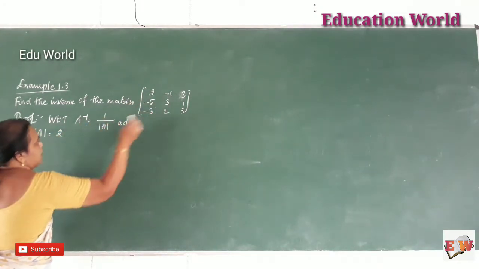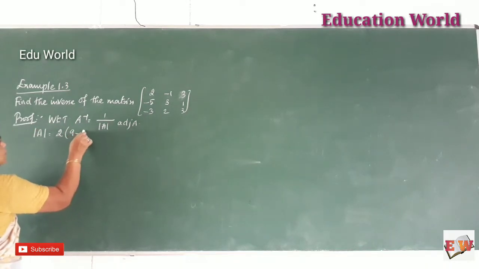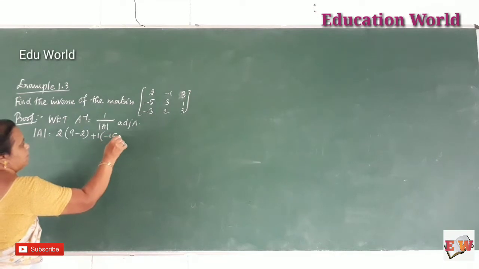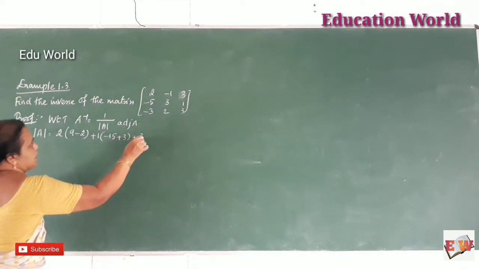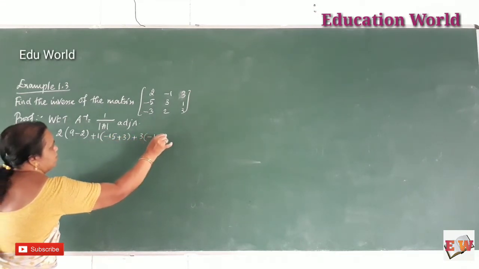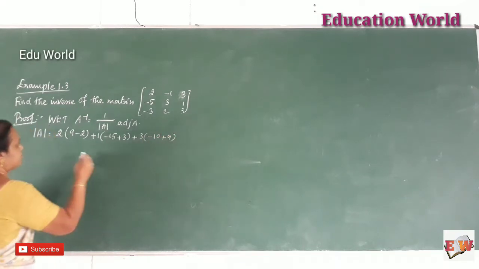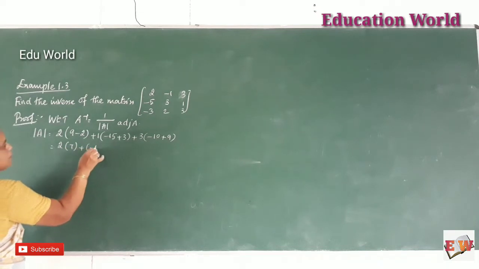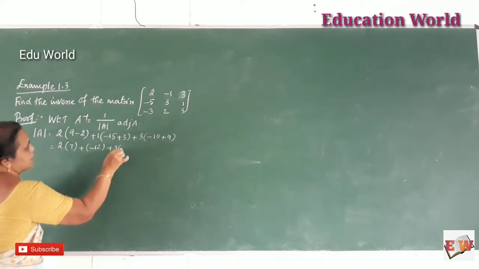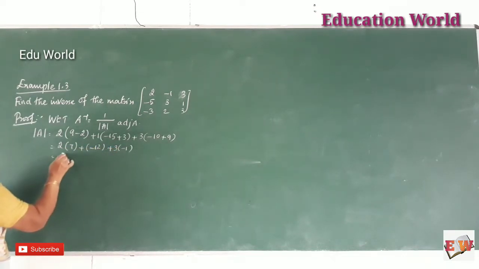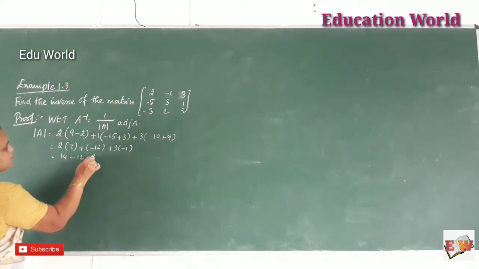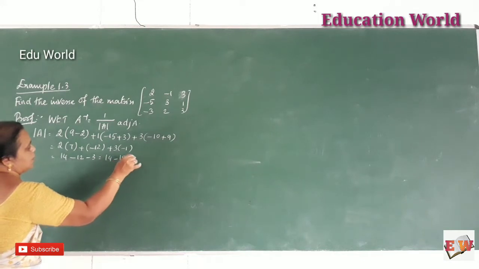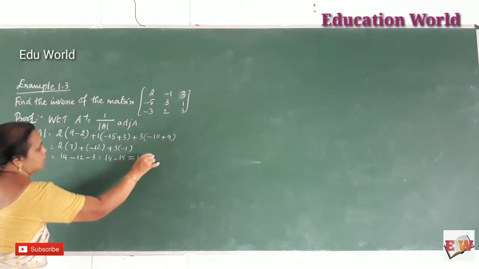2 into 3 9 minus 2 plus 1 into minus 15 plus 3 plus 3 into minus 10 plus 9. 2 into 7 minus 12 plus 3 into minus 1. 14 minus 12 minus 3. 14 minus 15, which is minus 1, not equal to 0.